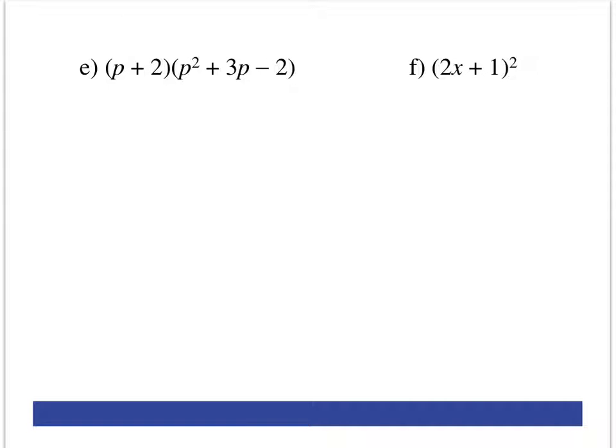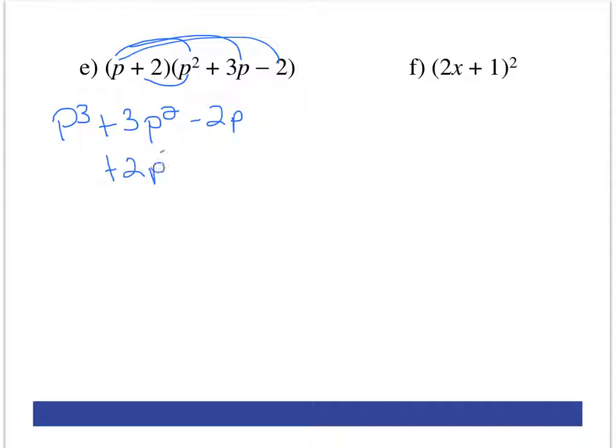All right, let's look at E. I'm just going to distribute through. So I get p to the third. Then I get plus 3p squared. And then I get negative 2p. I go up under the bottom and I get a plus 2p squared.